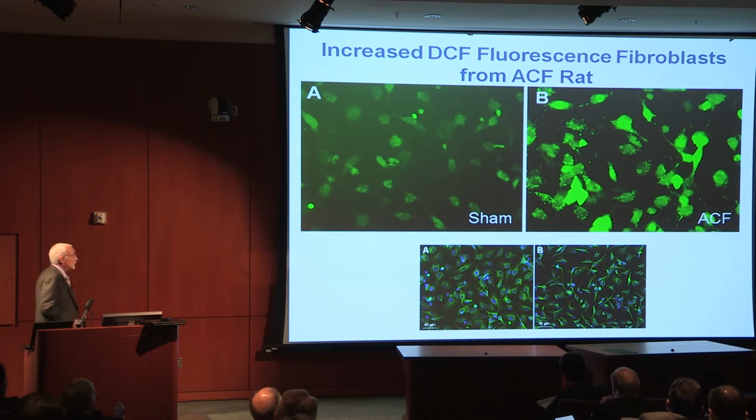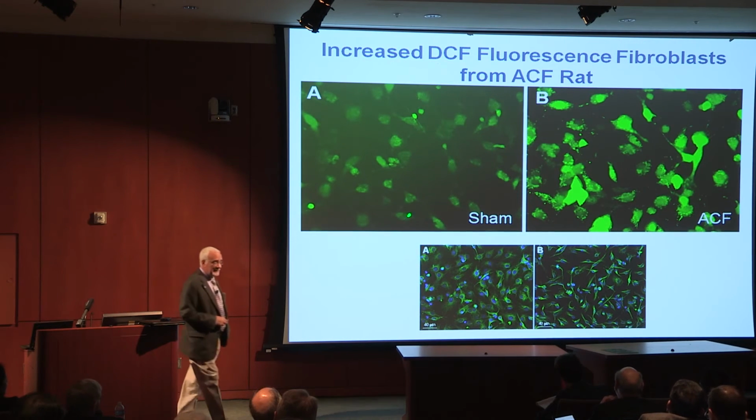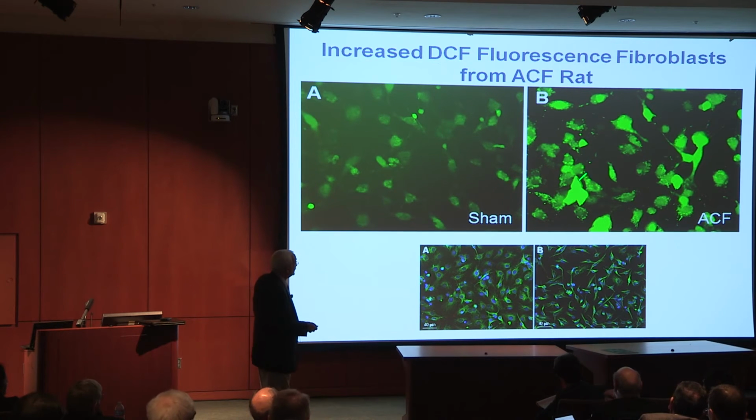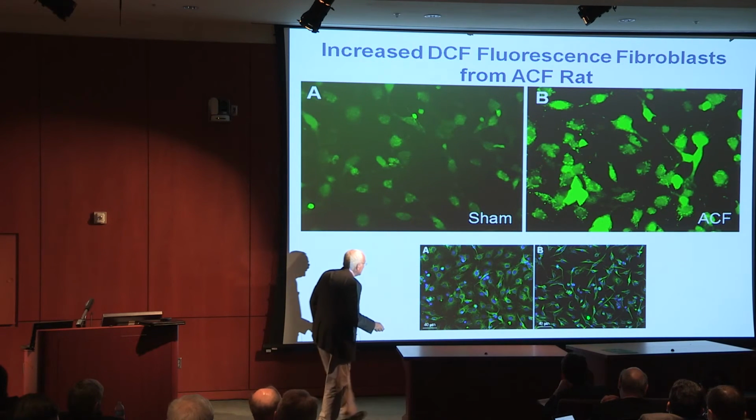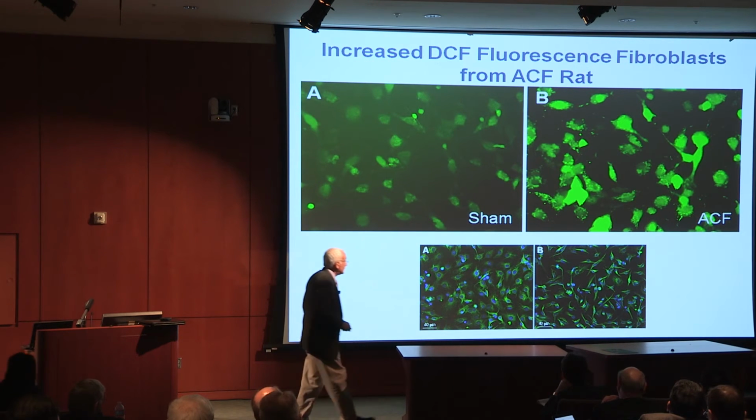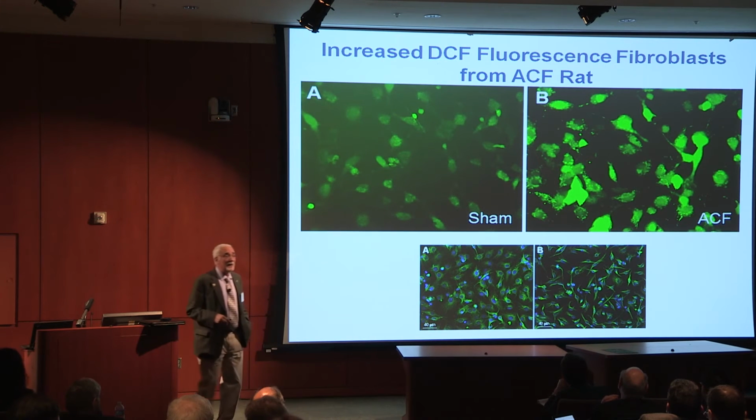And also, when we take out fibroblasts from these rats at 12 weeks, we see increased oxidative stress inside the fibroblasts. And here's an example of our purity. And alpha smooth muscle actin is in red, and you can barely see it because even at 12 weeks, we don't see any myofibroblasts.